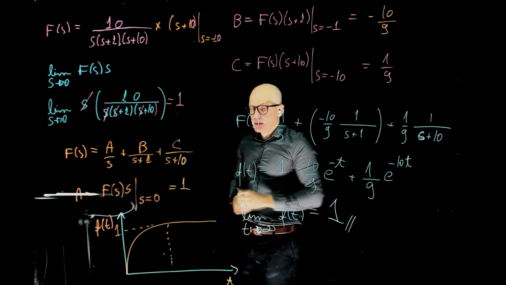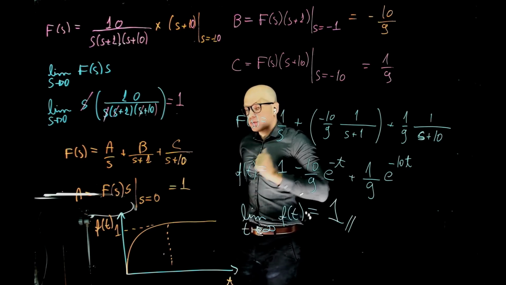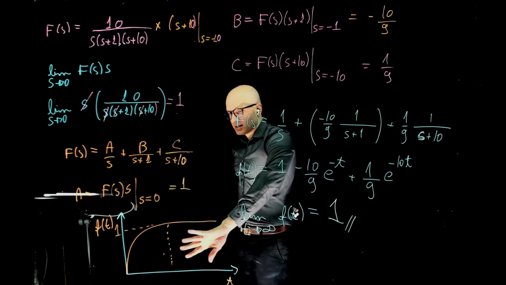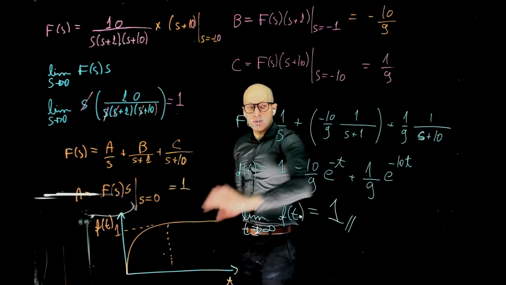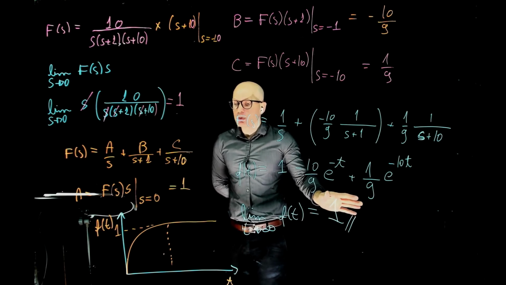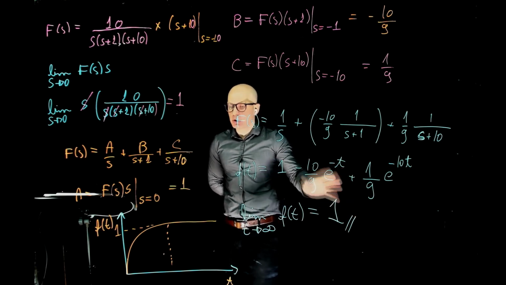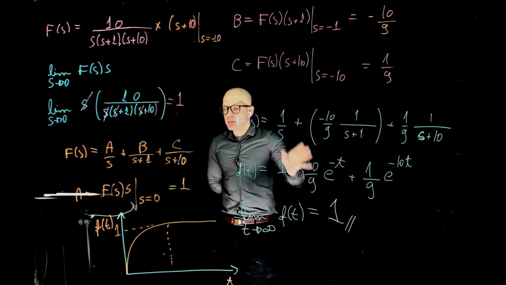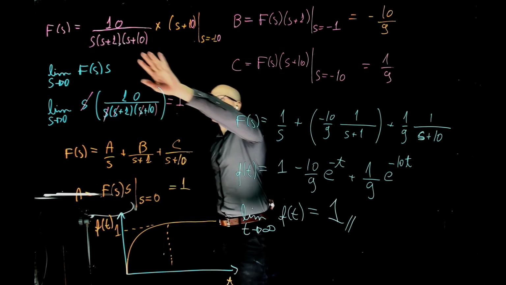The same observation can be made here as for the previous problem. Notice that this is a purely exponential form. As you can see here, there are no sinusoidal components, which means that the poles of this transfer function that represents the system must be only real, and that's exactly what it is.